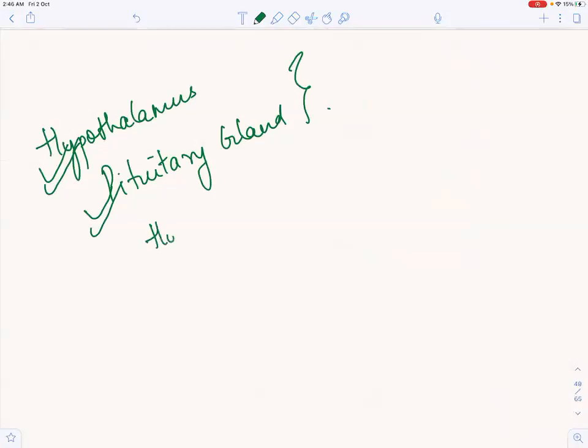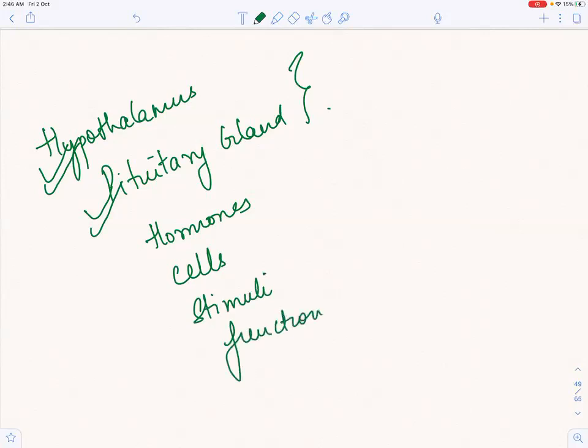We have done the hormones, the cells that secrete them, their stimuli, their functions, and their structures and locations and everything. So this is all for today.